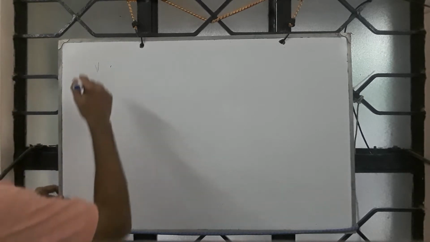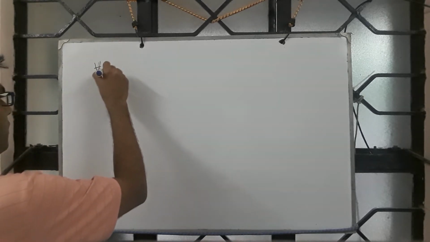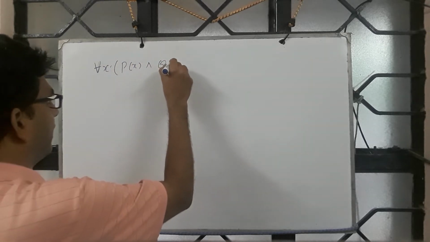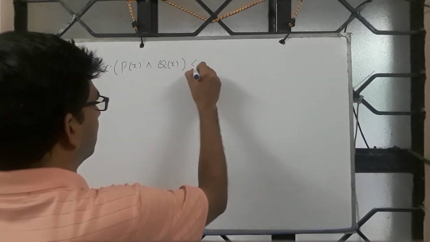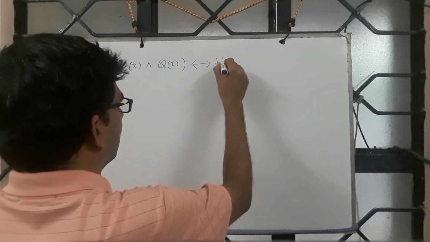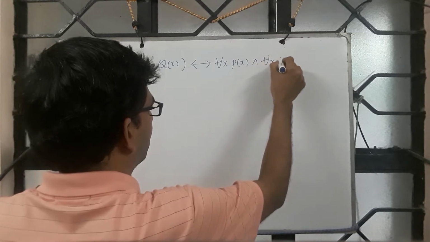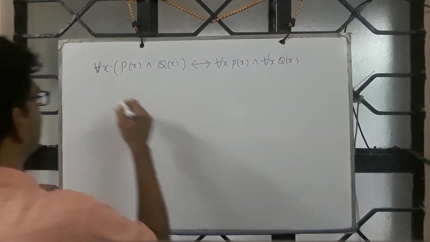So for all x, p of x and q of x, biconditional, for all x p of x and for all x q of x.